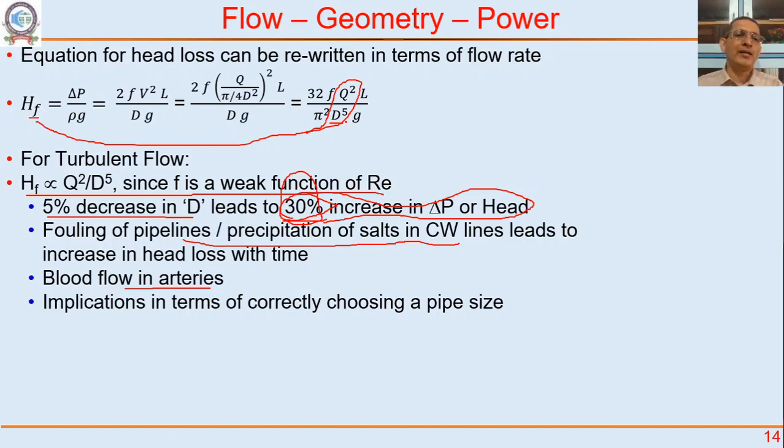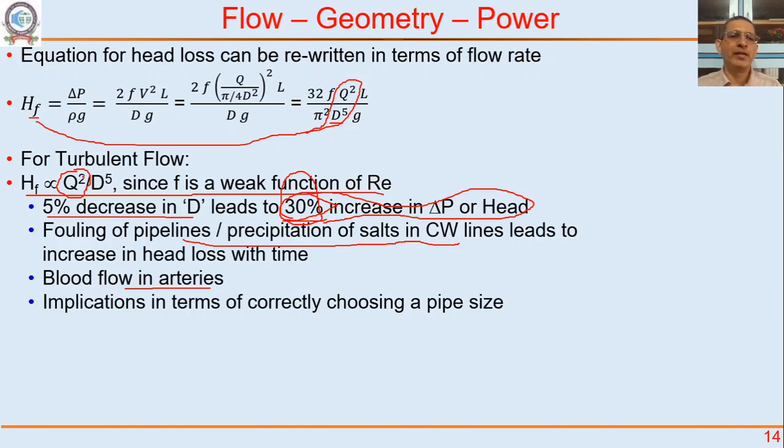Okay. Another situation: let's say there is a person who is idle or resting. He requires a very small amount of blood flow, maybe a few liters per minute. But if this person is exercising, jogging, running and so on, the blood flow required is much more. The head required to overcome friction will become the square of the blood flow required.